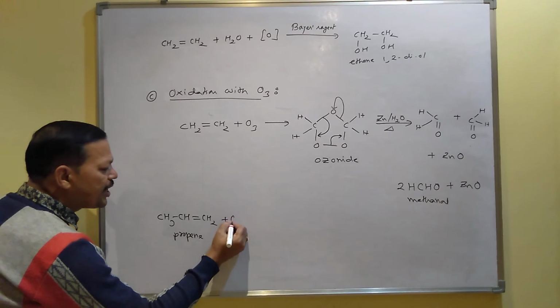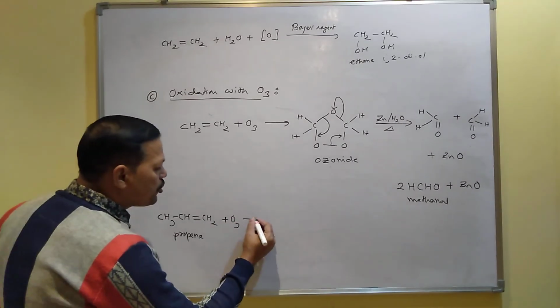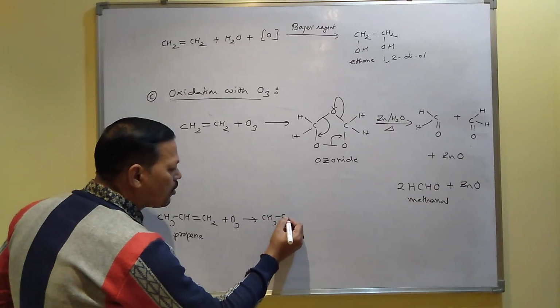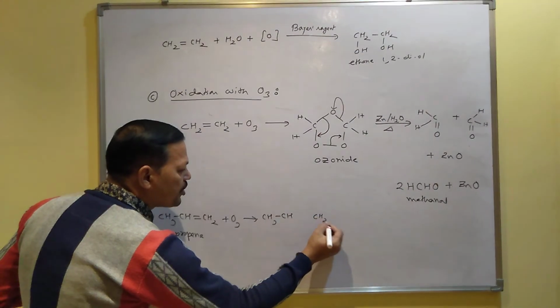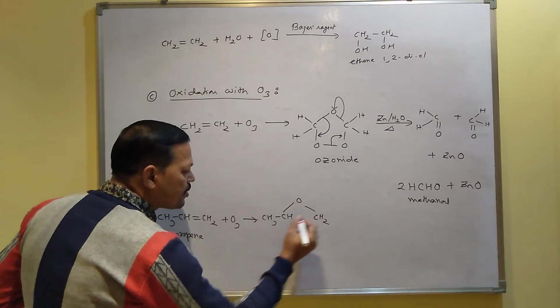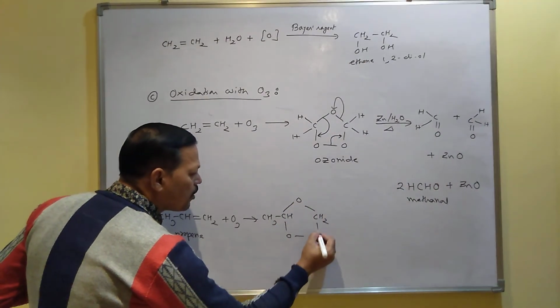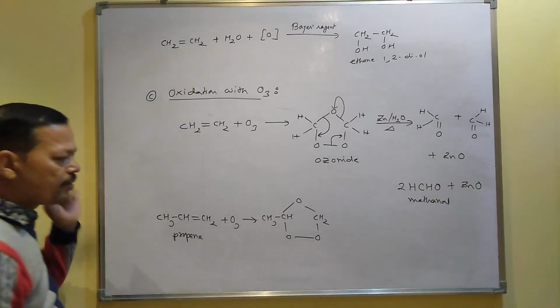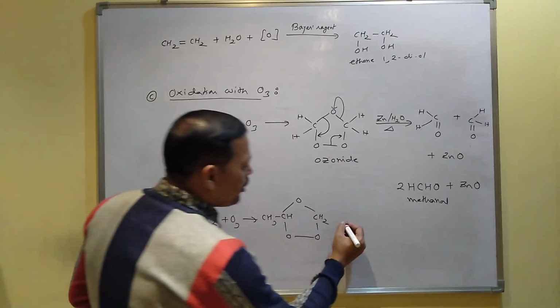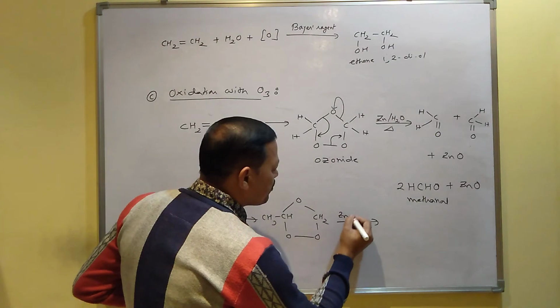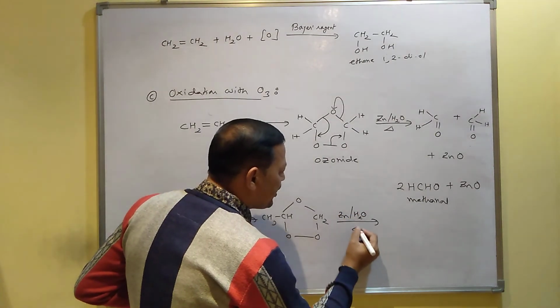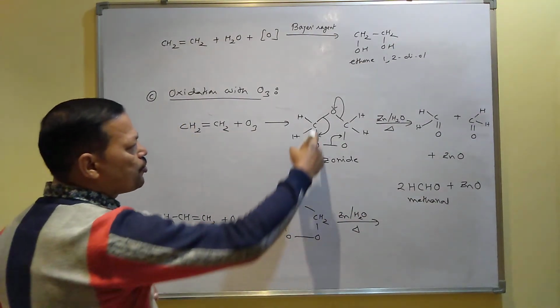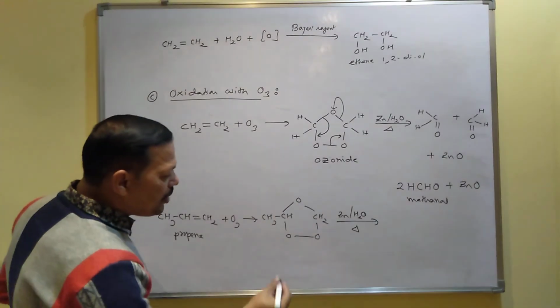When propene is added with ozone, then at the position of the double bond, the 3 oxygen atoms join like this. Then you have to apply zinc, water and heat. Then here also this type of breaking takes place, and you can break it this way also.